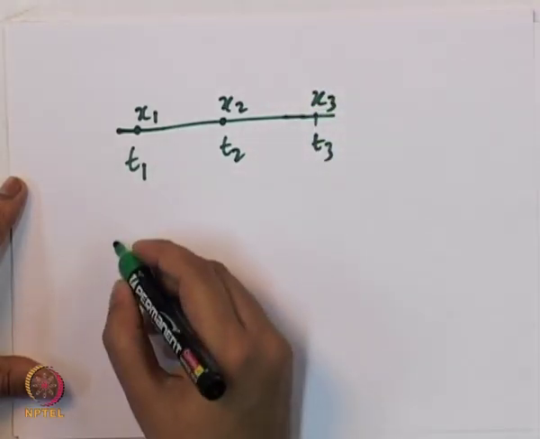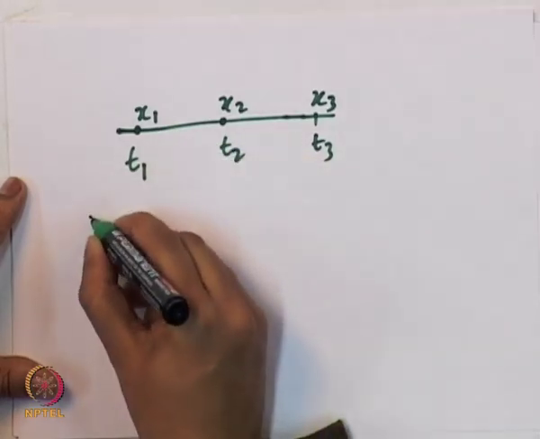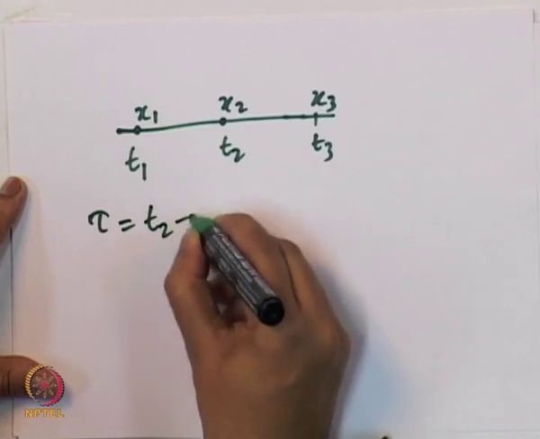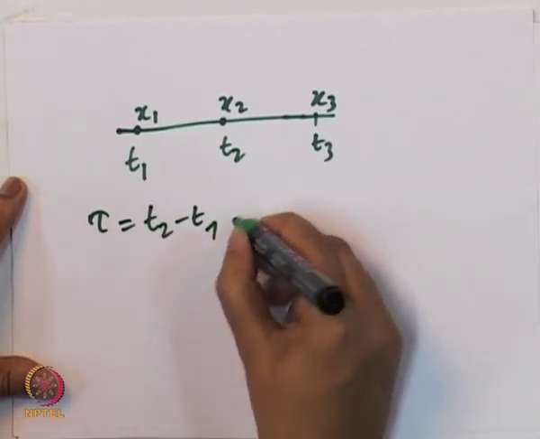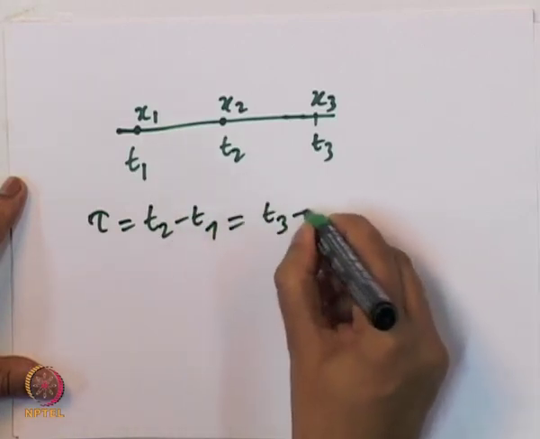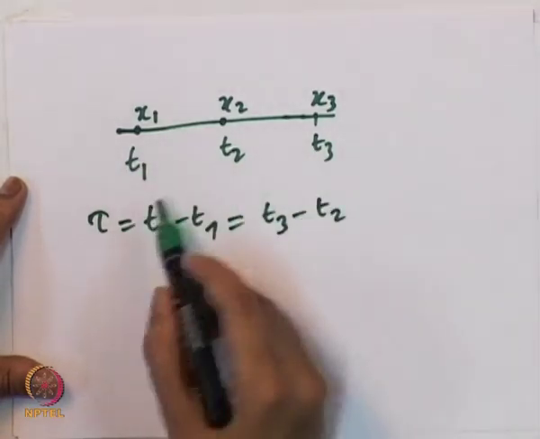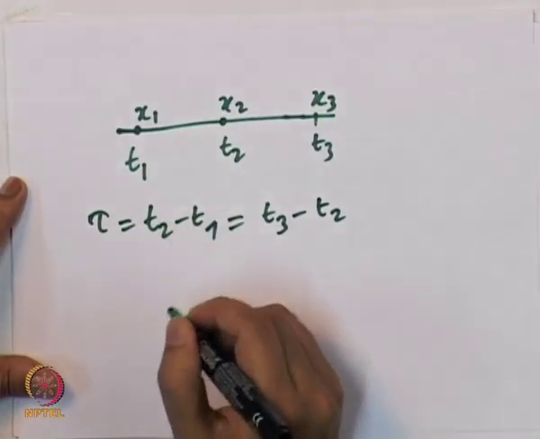So the time duration, let us say we call it tau, is equal to t2 minus t1, and let us assume that it is also equal to t3 minus t2. In other words, the time duration is equal between these two observations.